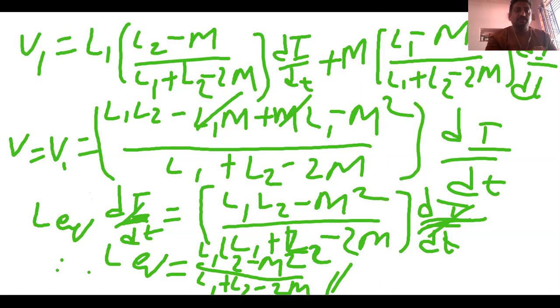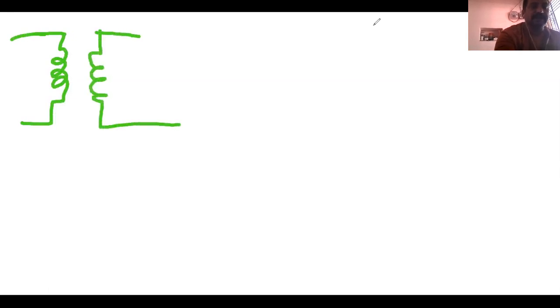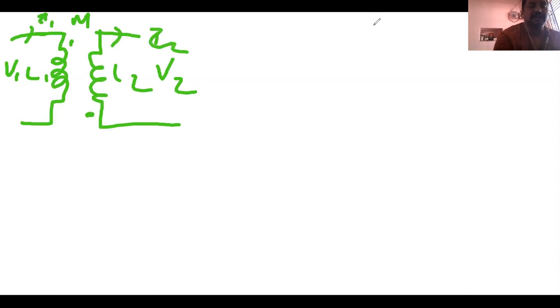Then parallel opposing. So what is the parallel opposing? One dot at the entering side, another dot at the leaving side. This is L1, this is L2, and mutual inductance is M, this is V1, this is V2, this is I1, and this is I2. But how to write these equations?